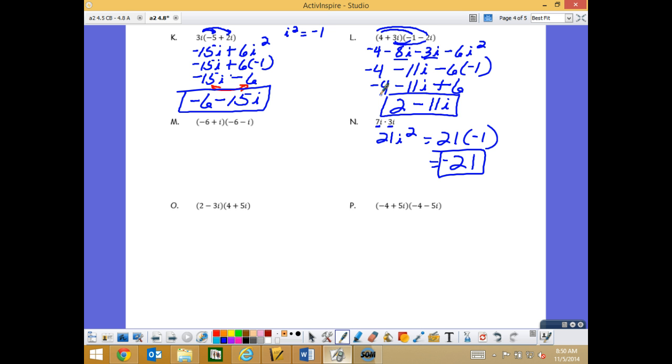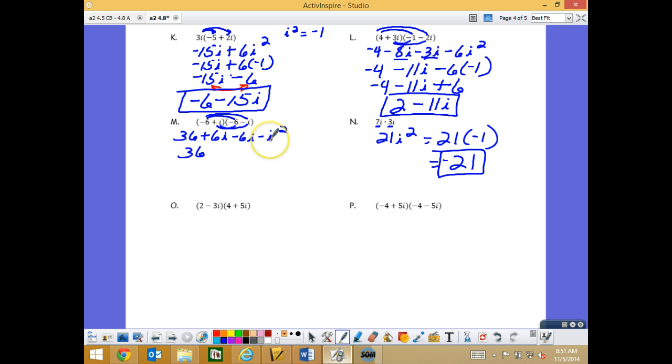Now with M, again we FOIL. Negative 6 times negative 6 is 36. The like terms, 6i minus 6i, they cancel.